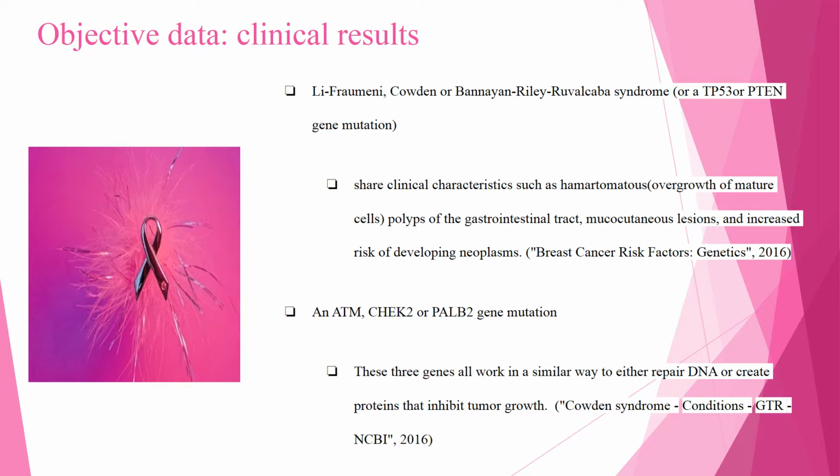And then lastly, we have 3 genes that are all working in a similar way to repair DNA or create proteins that inhibit tumor growth. And when those genes are mutated so that the tumor growth inhibition is inhibited, those genes aren't working the same way to do their job and stop the tumor growth, then obviously you're at more of a risk to develop cancers, including breast cancer.